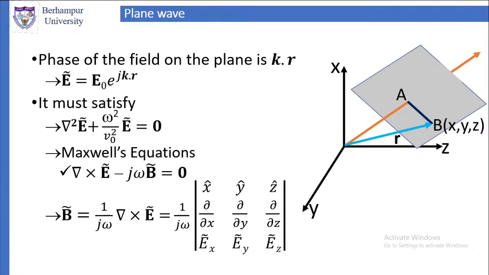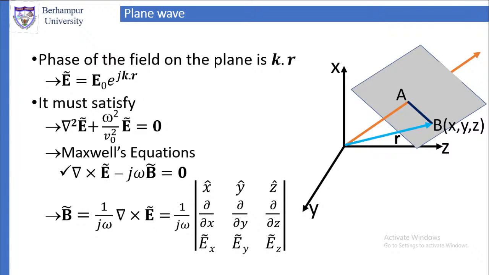Here del is x cap dou by dou x plus y cap dou by dou y plus z cap dou by dou z. Therefore, del cross E tilde will be the determinant with first row x cap, y cap, z cap, second row dou by dou x, dou by dou y, dou by dou z, and the third row Ex tilde, Ey tilde, Ez tilde. This is how we can write it.